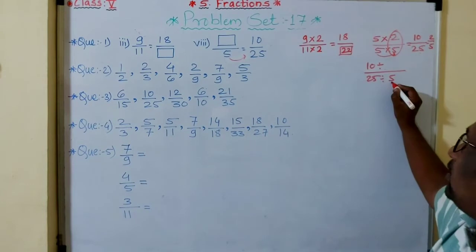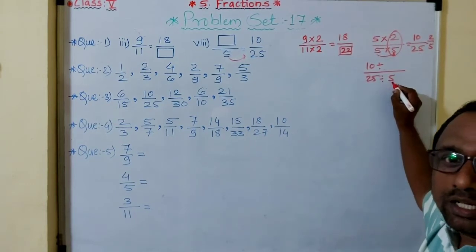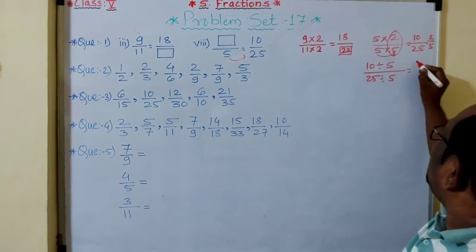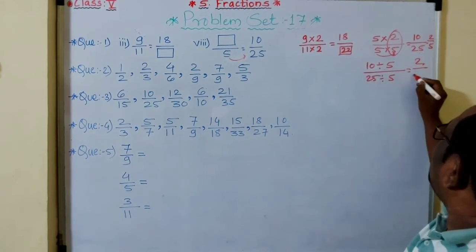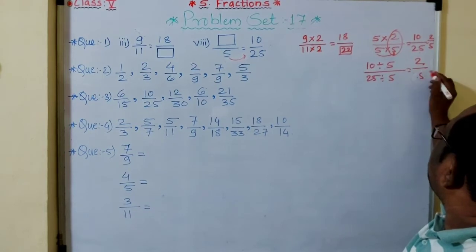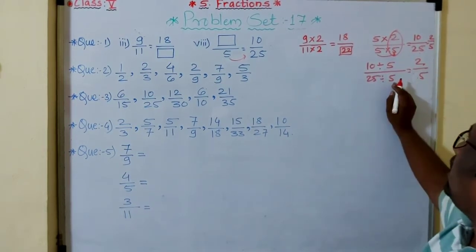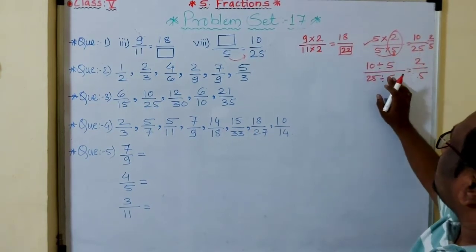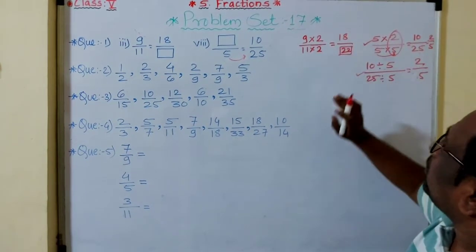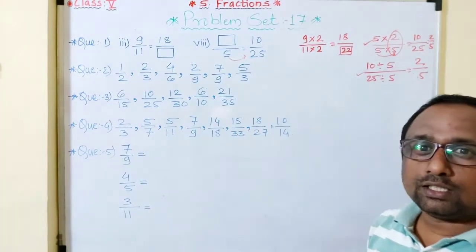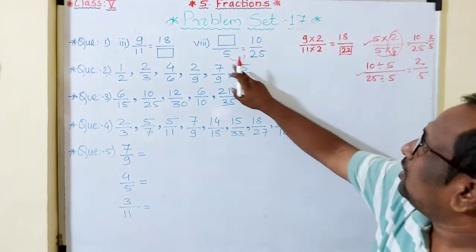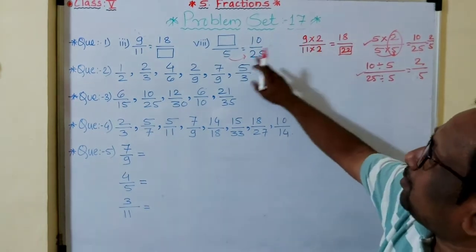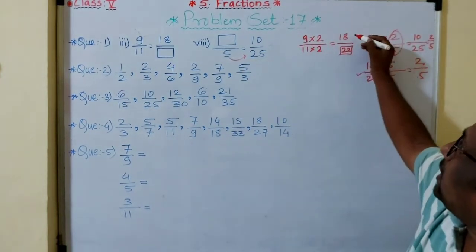So here we divide the denominator by 5, the numerator also by 5. 5 2s are 10 and 5 5s are 25. So this is the multiplication way you have to write, and this is the division way, you will get the answer. Both ways you have to give the answer, but just think here. See, where the box is, then the relation. The previous one is simple, 9 upon 11. Here 18 is already given.